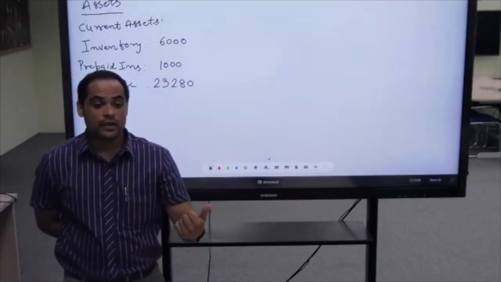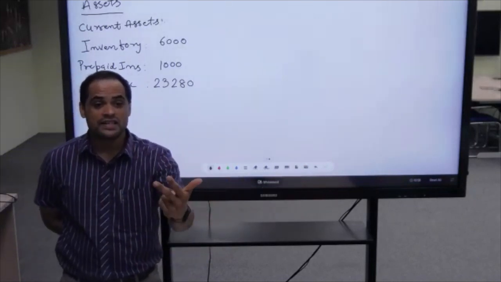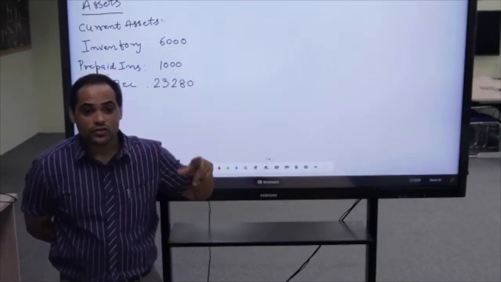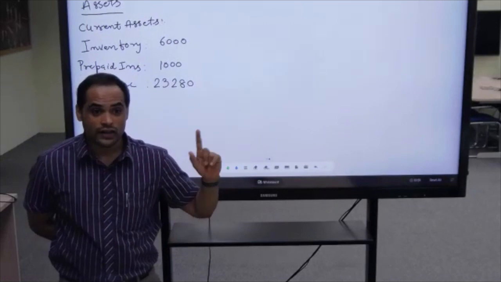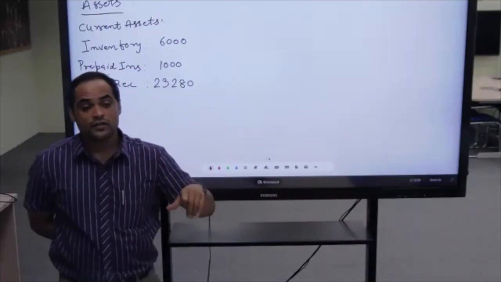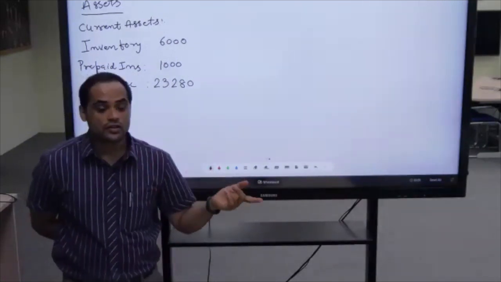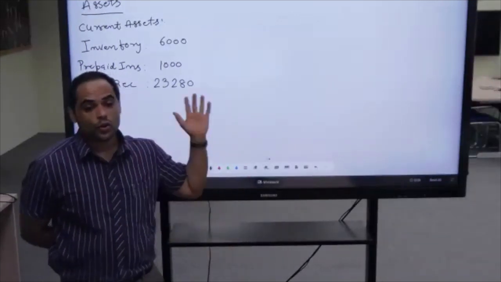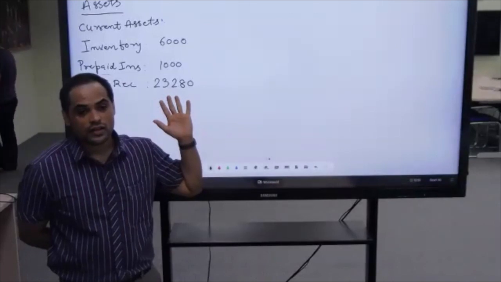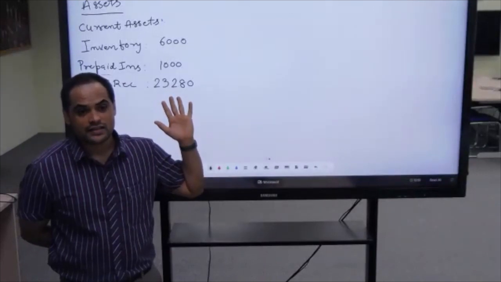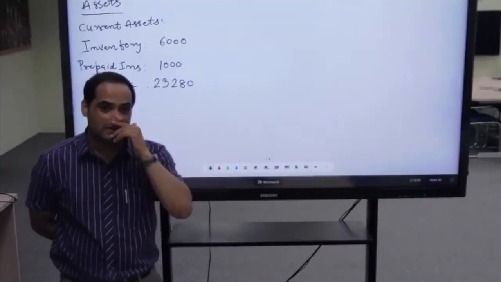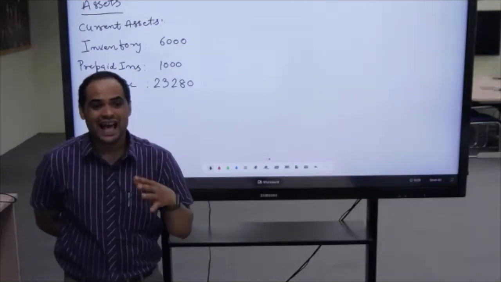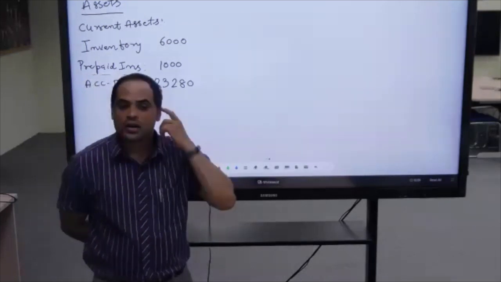For example, if we have depreciation for furniture, equipment, and vehicles, we should subtract vehicle depreciation from vehicles, furniture depreciation from furniture, and equipment depreciation from equipment. No, we should not subtract from the current assets. It doesn't make any sense, right? So make sure you check again. Depreciation we subtract from fixed assets, not current assets.